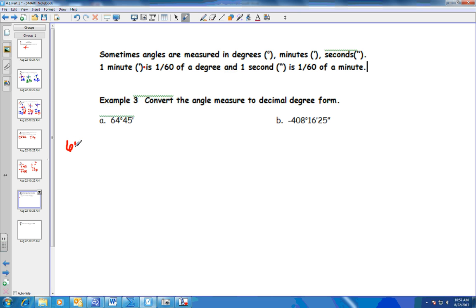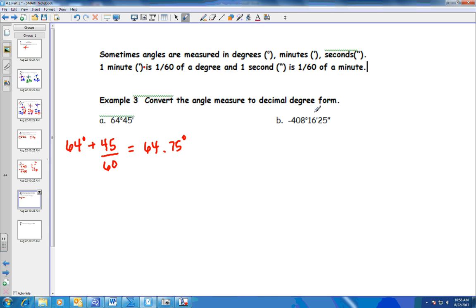It's going to be 64 degrees plus 45 minutes, and each minute is a 60th of a degree, so I'm going to divide this by 60. So it's 64 plus 45 divided by 60, and when you put that in your calculator, you're going to get 64.75 degrees.